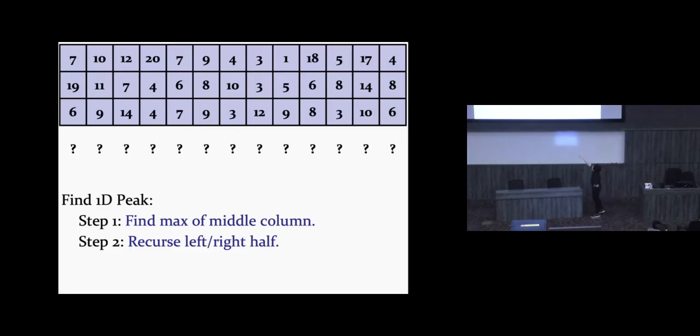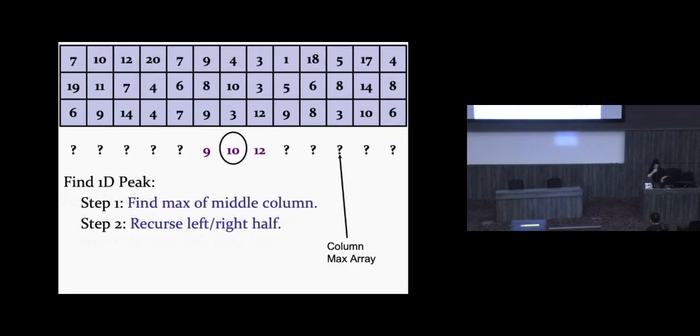Now in step 1, we want to find the max of the middle column. We can do that. So let's say, hypothetically, our middle column, the maximum value is 10. Now that we found that, we should probably check whether it's a peak. To do that, after we found the maximum of the middle column, we'll also find the maximum of the columns to its sides. So how many columns do we inspect? 3 columns, right?